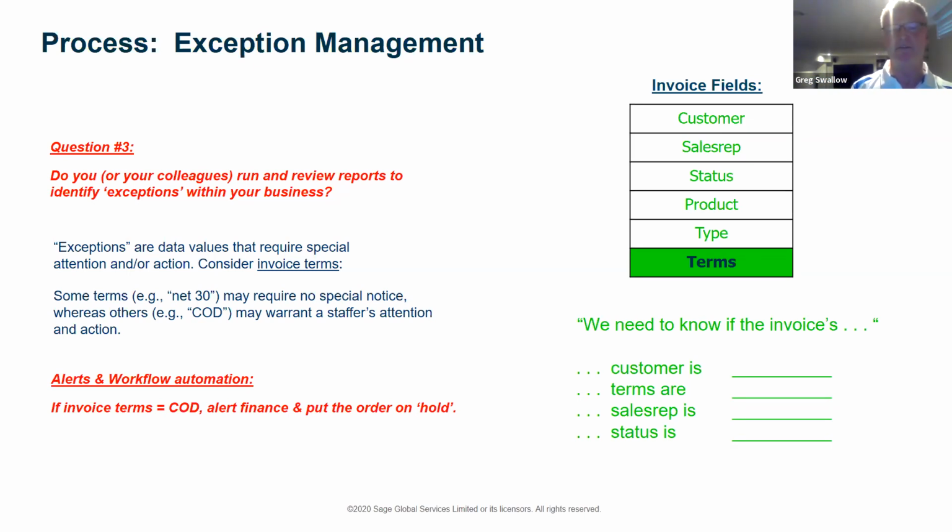Those are exceptions outside of the norm of your business practices as you're dealing with your customers. Let's identify those and have the software then notify the people within the organization to whom that's applicable. So if something's not supposed to arrive on a Saturday, we need to let the shippers know that that product has to get out of the door by Wednesday, right?